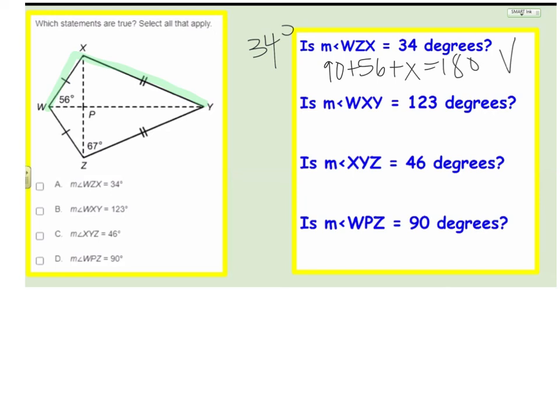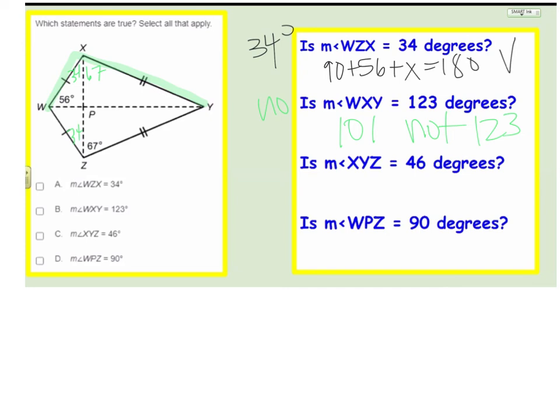Well, we know that this guy was 34, right? And we know this guy is 34. So we know this is 67 because those opposite angles are congruent. So what is 34 plus 67? So 34 plus 67 is 101. So 101, not 123. So no.